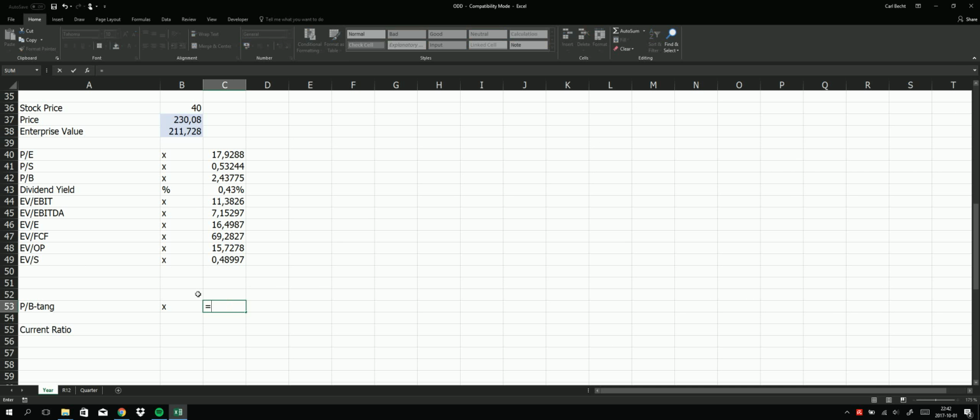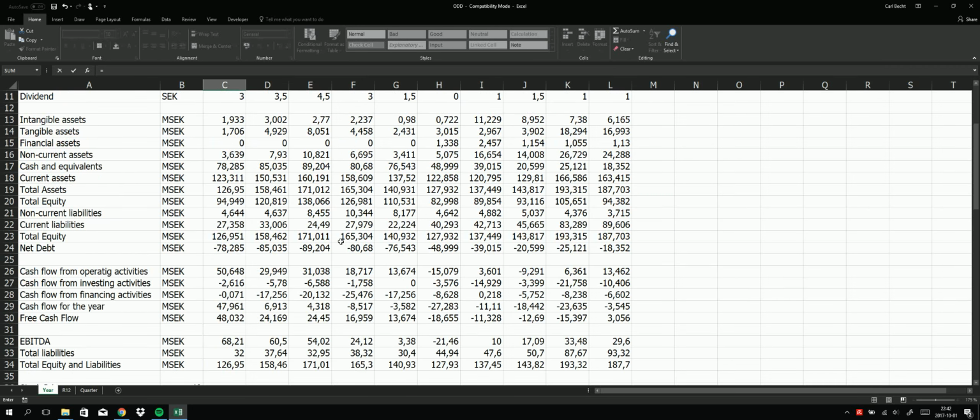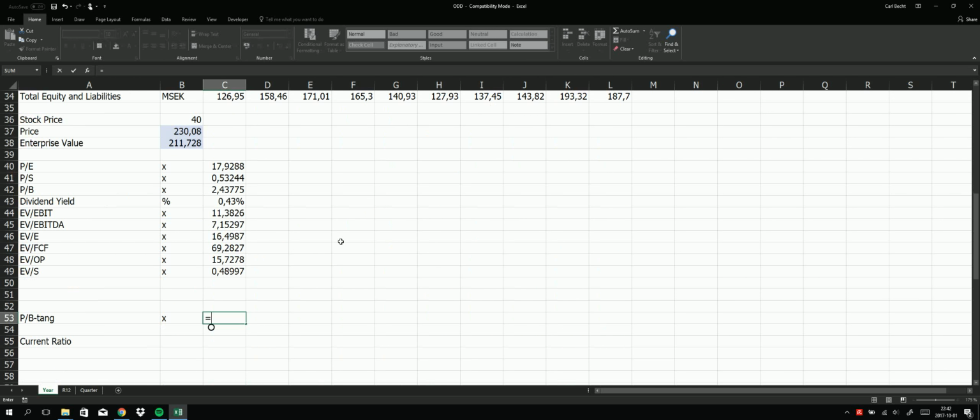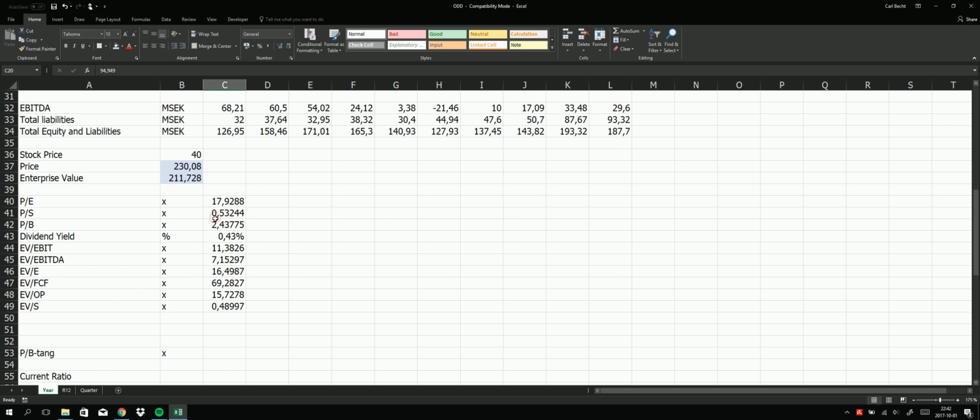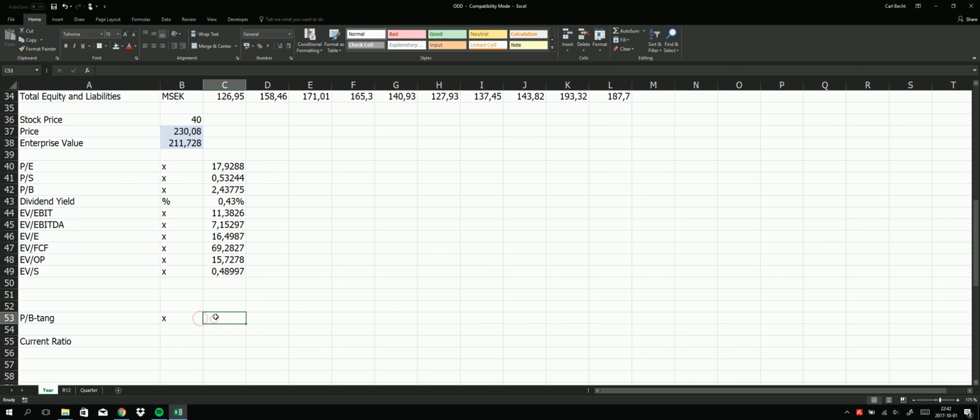So what you want to do here is change the book value to also reflect a build-up, maybe, in intangible assets. If you were to consider intangible assets less valuable than, say, current or financial assets, you can always adjust for it.